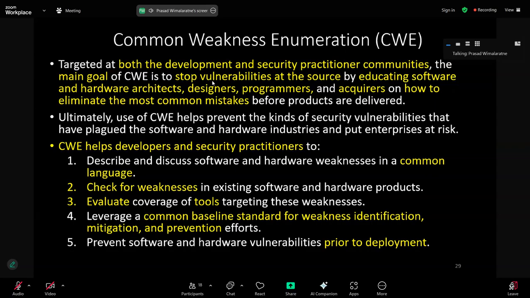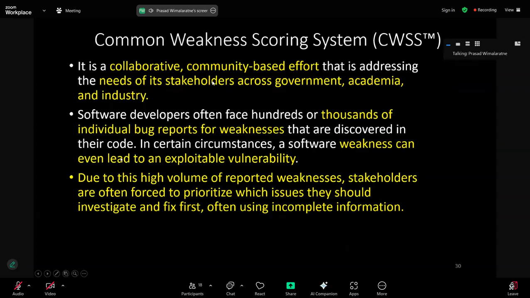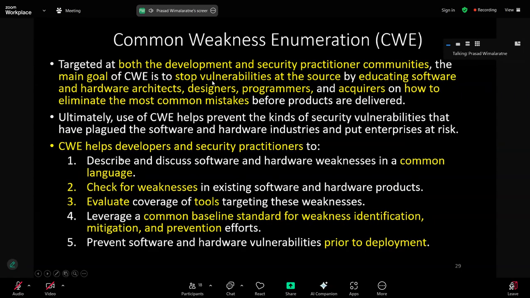So we learn how to do that when you go to the upcoming discussion. And also to prevent the vulnerabilities prior to the deployment is another thing we can do. So this CWE will help both development and security domain practitioners to address the problems that we discussed.